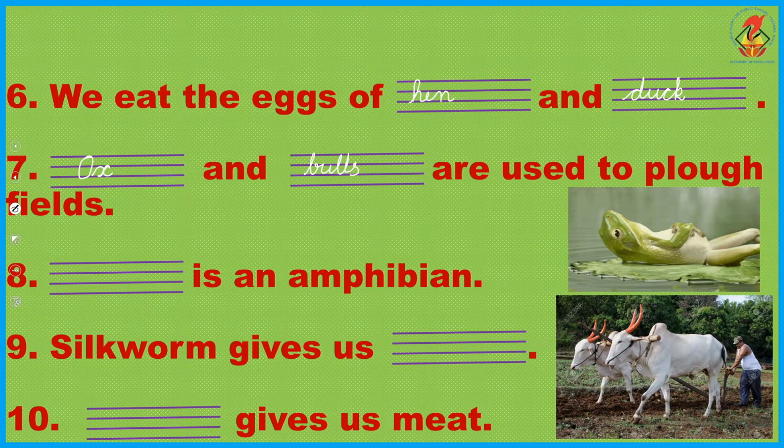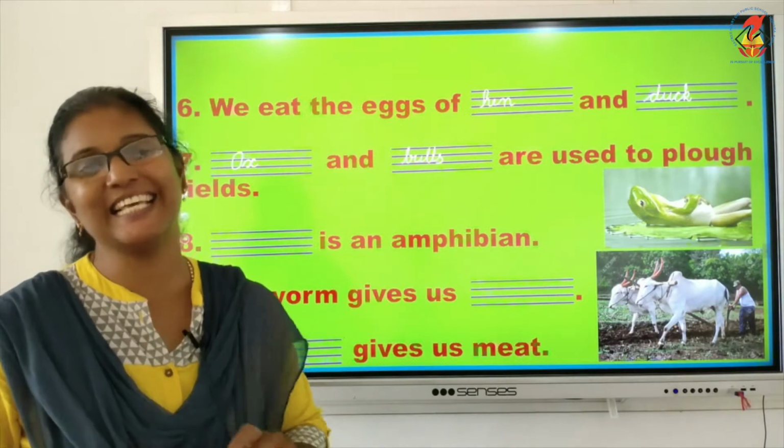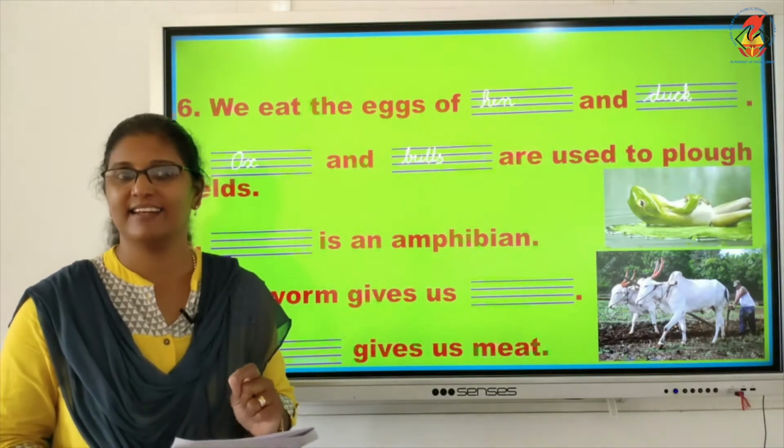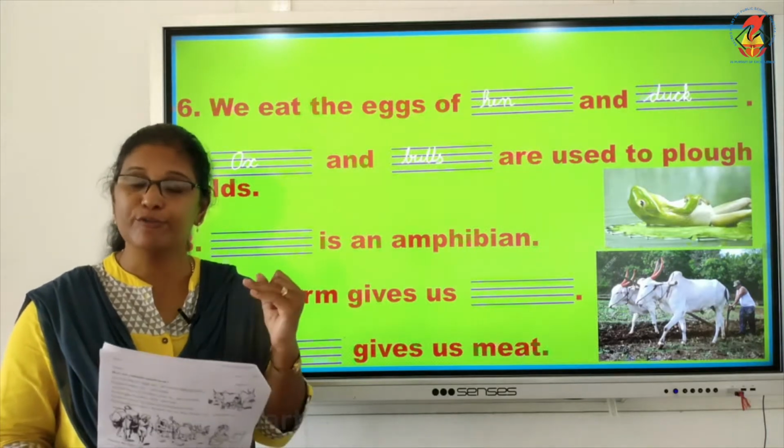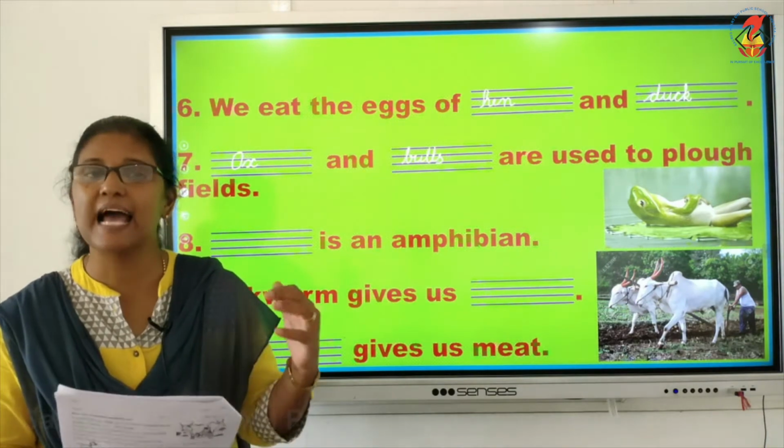Okay children, now coming to the 8th one. Frog, dash is an amphibian. Yeah, frog as I said. Then what else is an amphibian? Yes, crab, and something else we learned. Yes, it's crocodile. Crocodile, crab, then frog. These are amphibians.